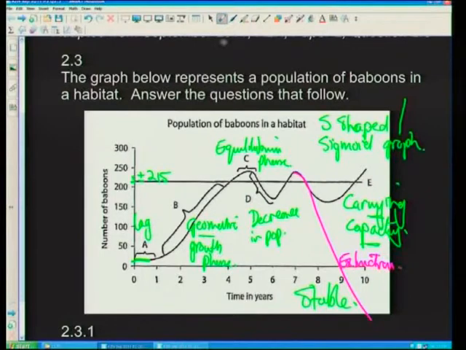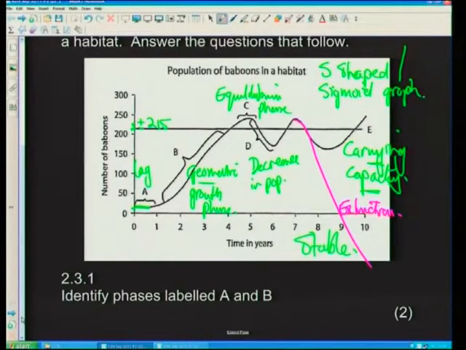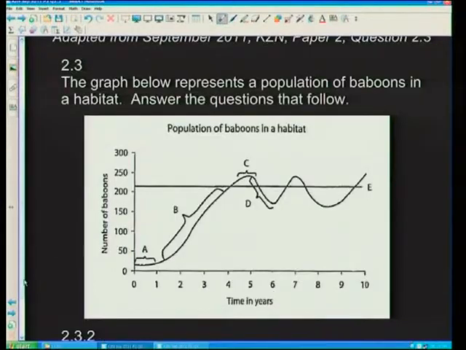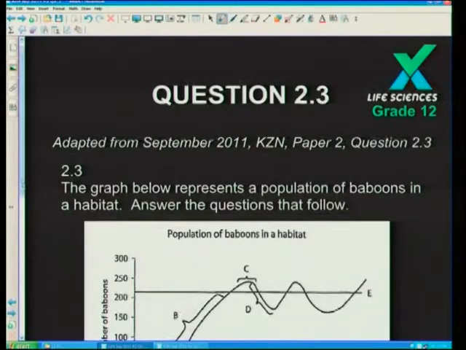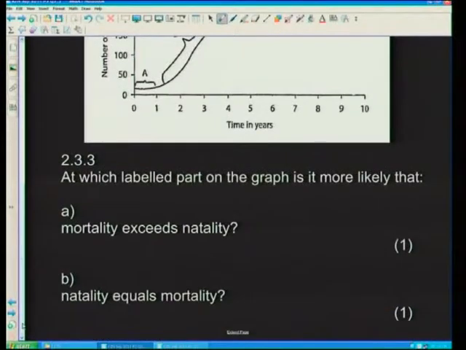All right, so let's go to our questions here. Identify the phases labeled A and B. We've done that. Name the line E: the carrying capacity. Remember, the carrying capacity is the number of organisms that can be comfortably supported by an area.